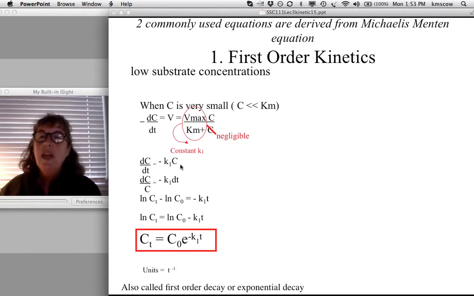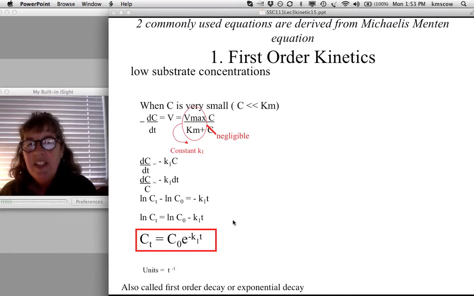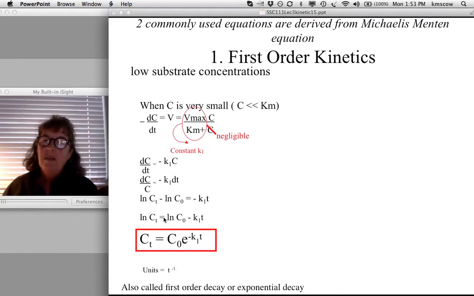And then you can modify this equation into the form that is used in most cases, and you'll be using it too in your kinetics problem set that's part of your perchlorate lab.